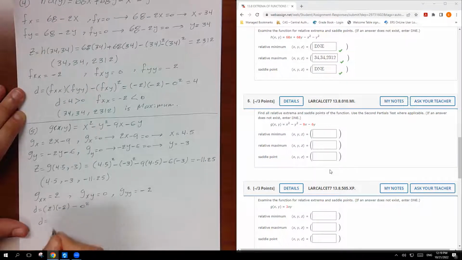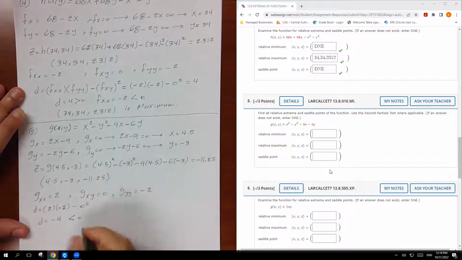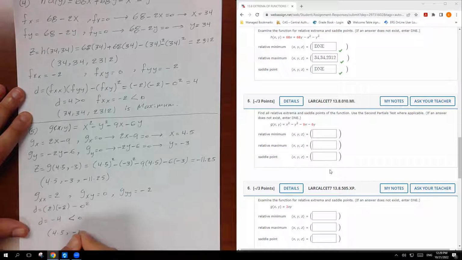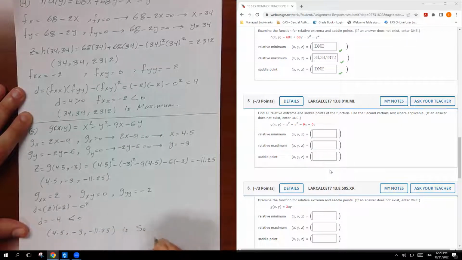So D equals -4, which is less than 0. That means this point is a saddle point: 4.5, -3, and -11.25 is a saddle point.